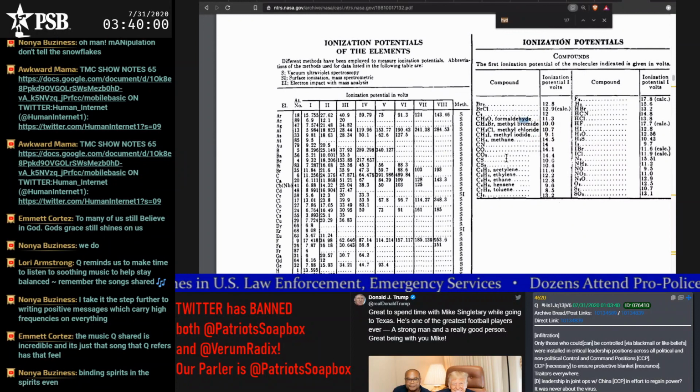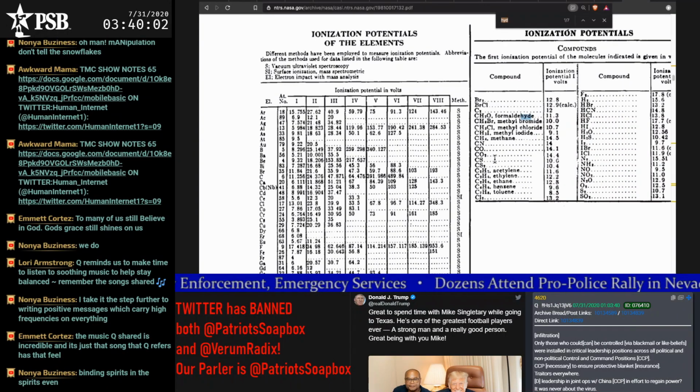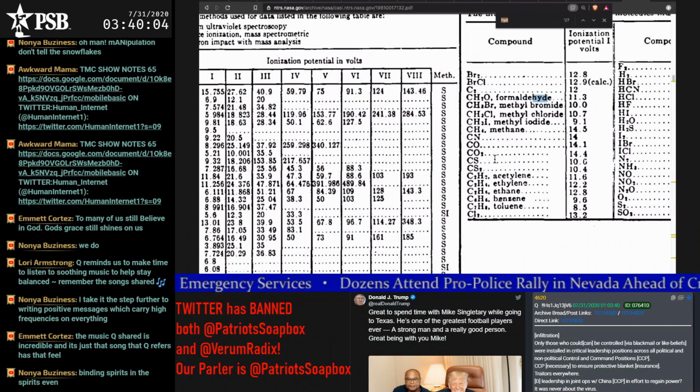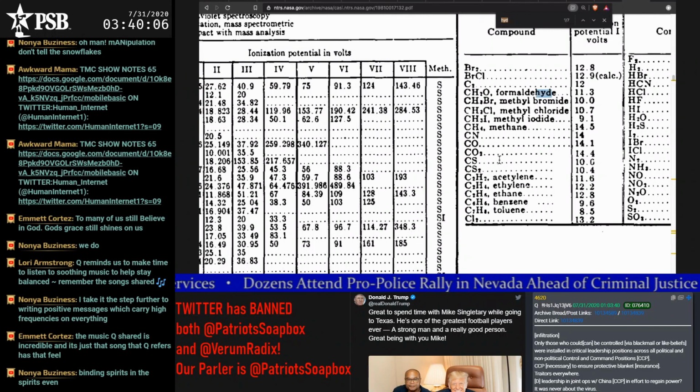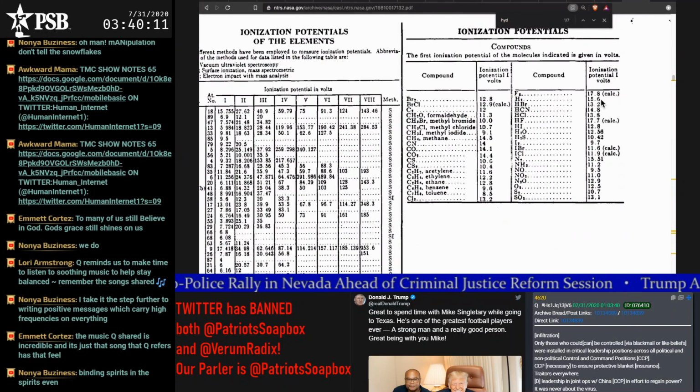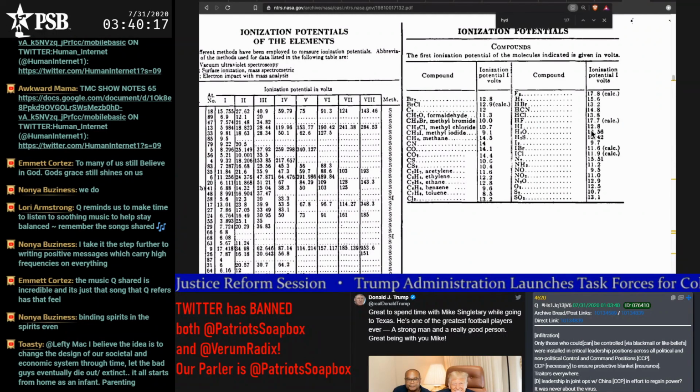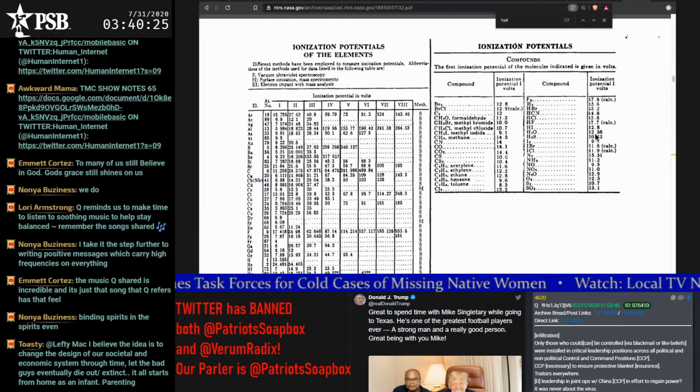Here's some compounds for ionizing. Oh, look, there's water. Water. Ionization potential 12.56. 12.56 electron volts, basically, to ionize water, which is what we're made of, most of.